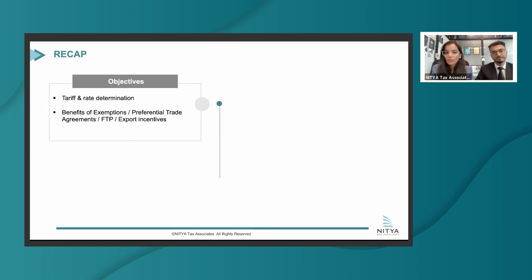So it becomes very important to classify a good under the correct entry so that we can avail all the benefits with respect to that. And third is to avoid any exposures or mitigate litigations, because we see that customs authorities are very active these days in holding consignments, imports, etc., saying that the classification is incorrect, and then they are imposing heavy penalties.